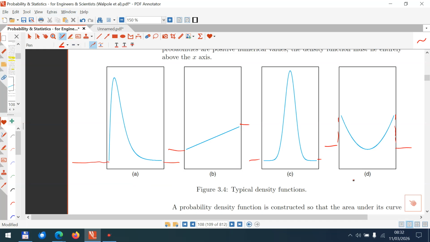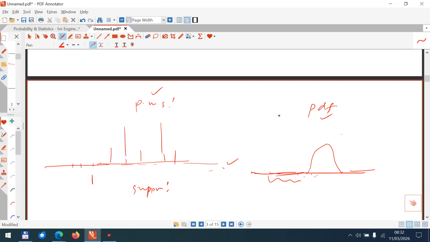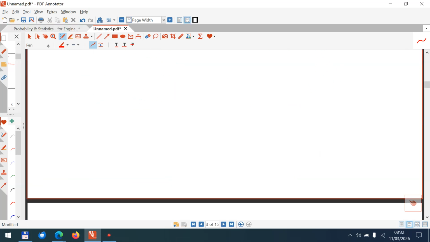So now the question is, how do you check whether a particular plot is just any function or is it a PDF? How will you check it? How did you check a PMF? What was the criteria for checking the PMF? You learned it yesterday. Can you give me two criteria for checking a PMF?